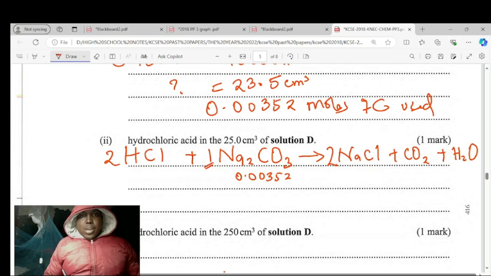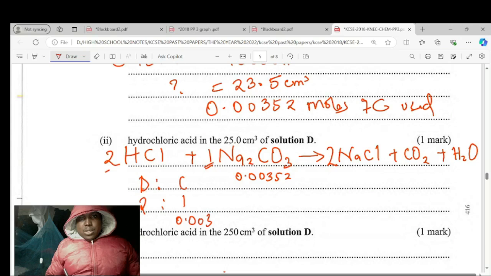Remember, the ratio of C to D is 1 to 2, and this one is 0.00352. So 1 is equal to this, what about 2?